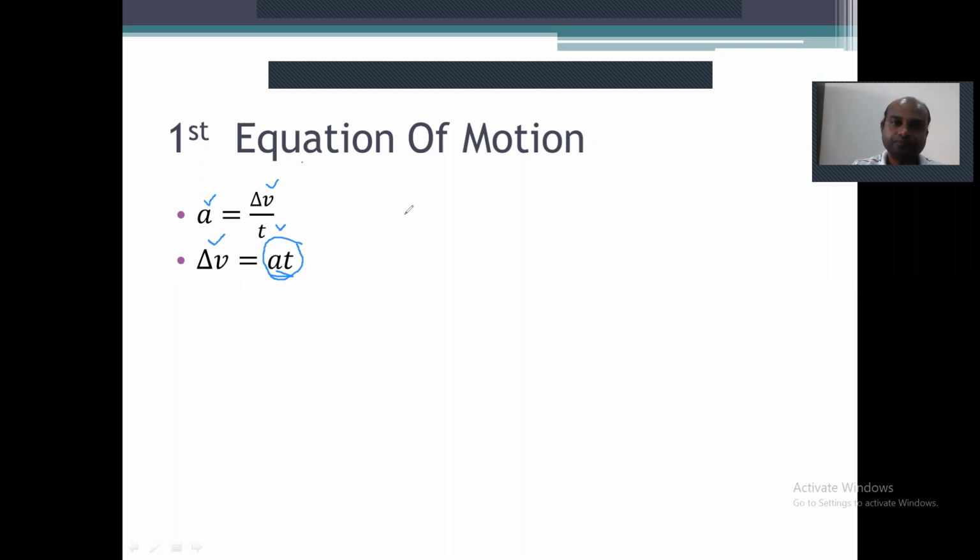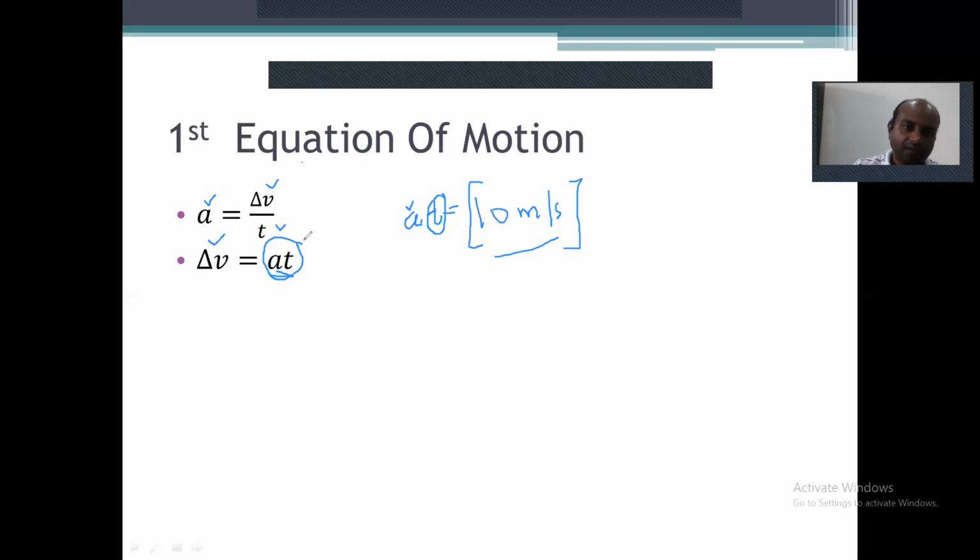For example, when I say that the acceleration into time of an object is 10 meter per second, what does it mean? It means that after a time interval of t, when the object is accelerating with an acceleration of a, the increase in speed is 10 meters per second. So that is what it signifies. All right.